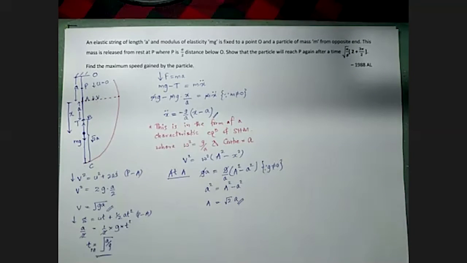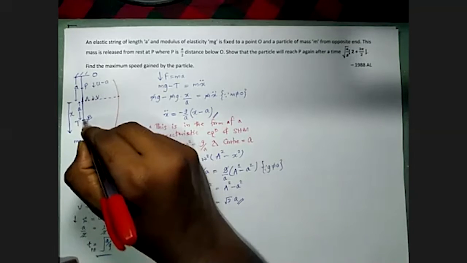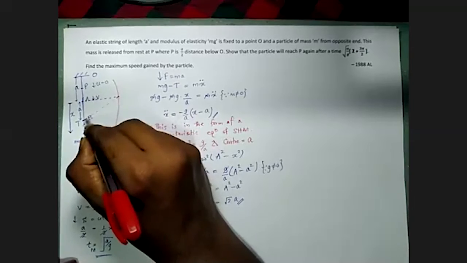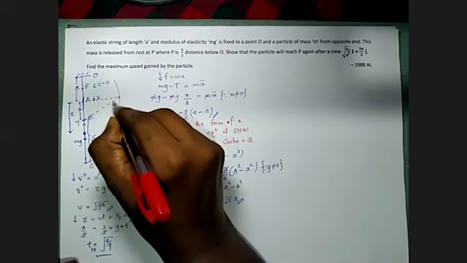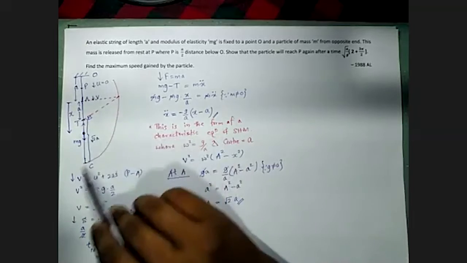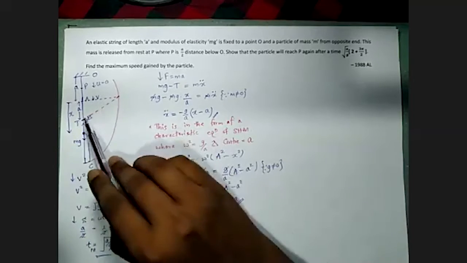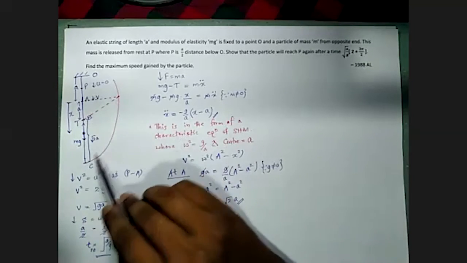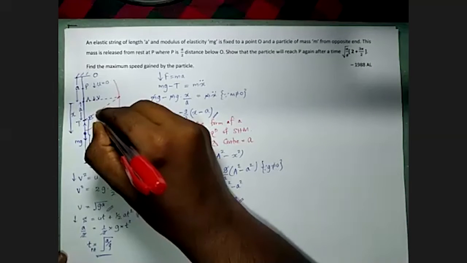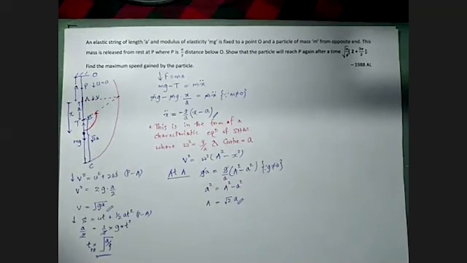Minimum point is C. Then third line should be center to this point. The line I am drawing to construct my sector. Now this is the simple harmonic motion sector we have. Then this will be the angle covered by the simple harmonic motion. Covered angle.